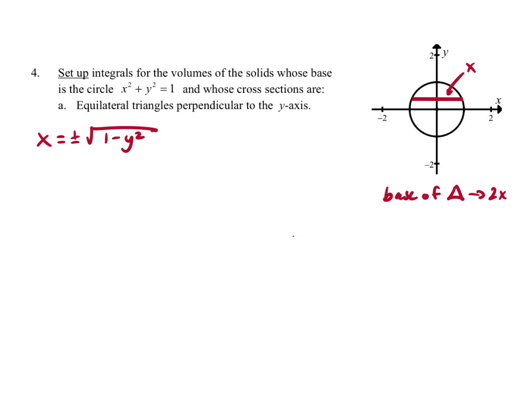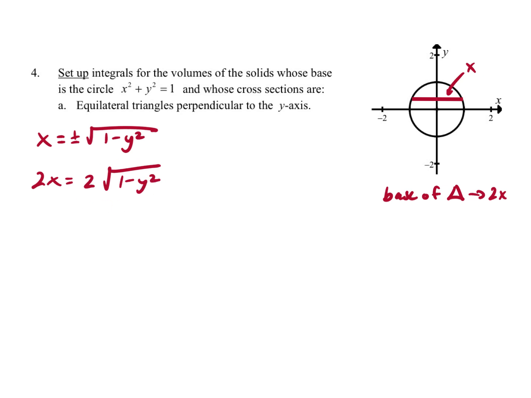So the actual base of the equilateral triangle is 2x. In other words, multiply this by 2, and now we can just disregard the plus or minus because now I get my length. This is the base of the equilateral triangle, 2 x's.